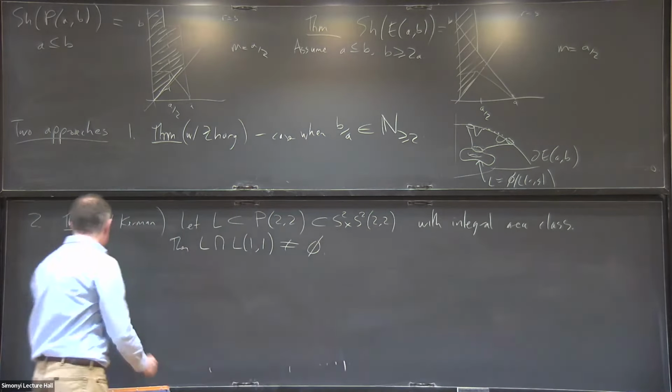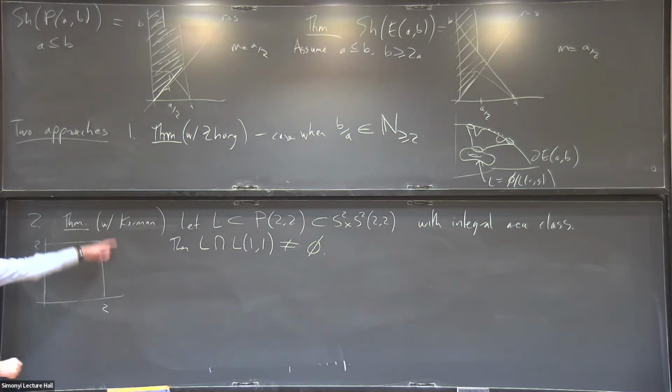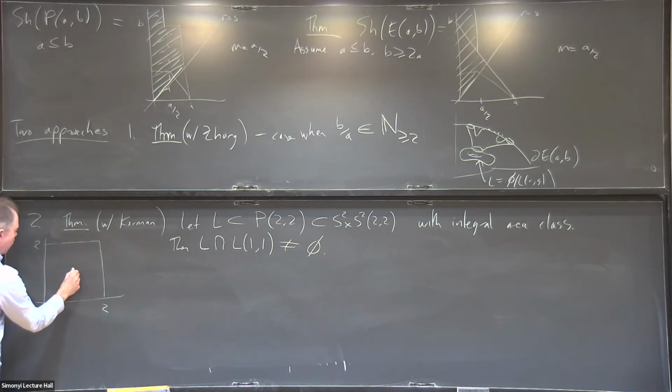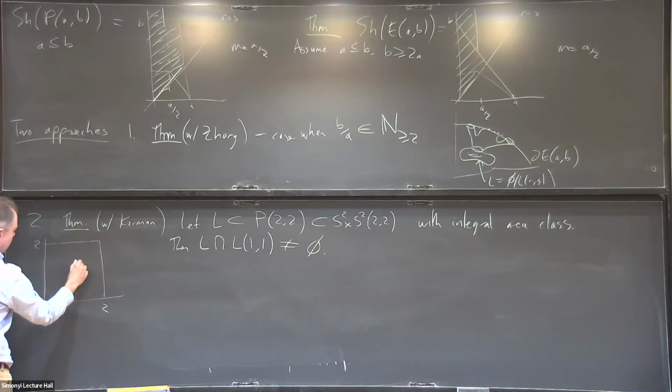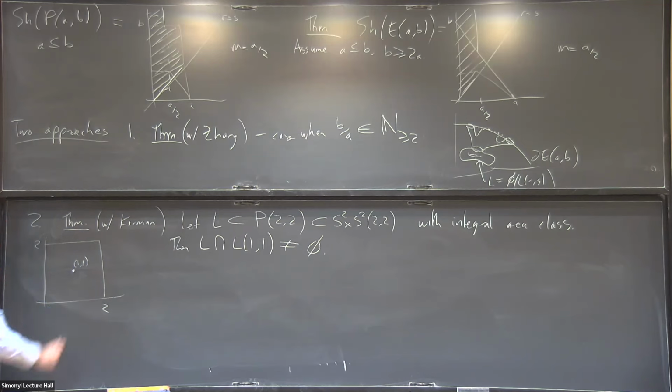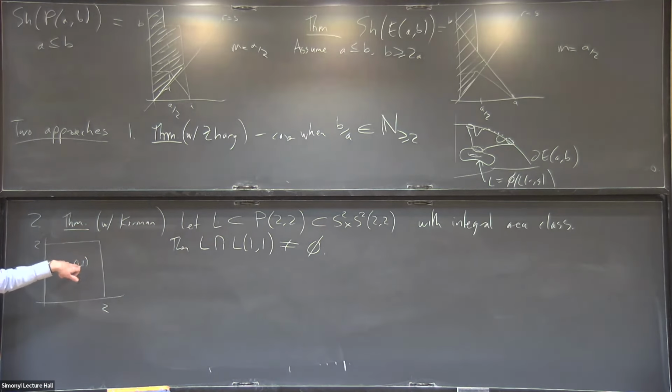If you draw P22, it's just the square, and the moment image of L11 is just the center of the square. The claim is that any integral Lagrangian torus in there has to intersect this product torus.